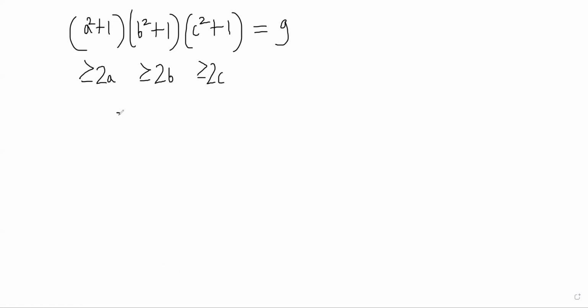We can say 9 is greater than or equal to 8abc, right? We are getting abc is less than or equal to 9 by 8.